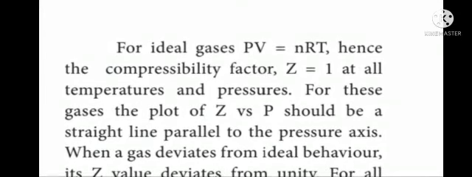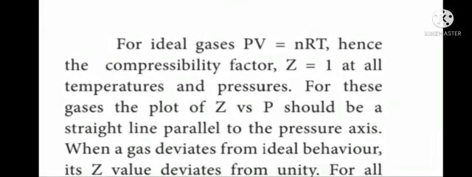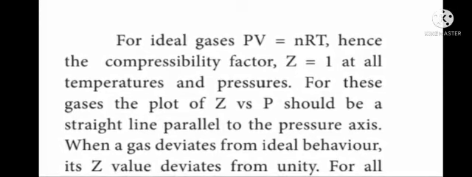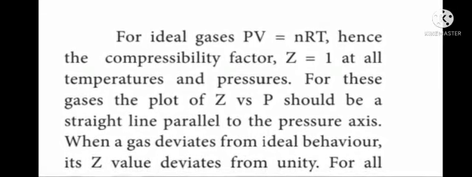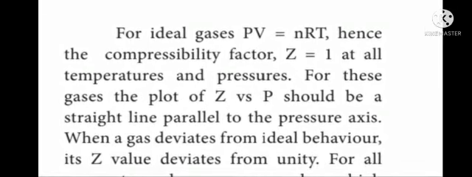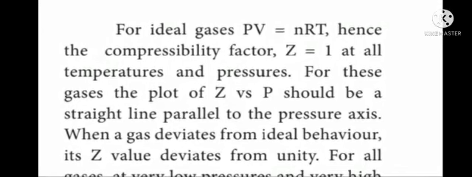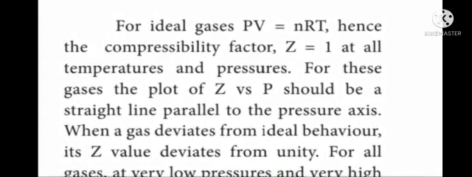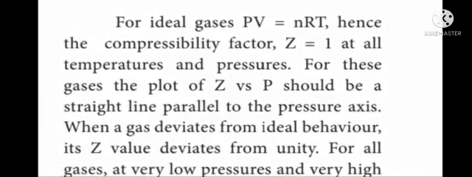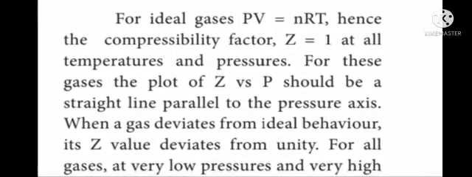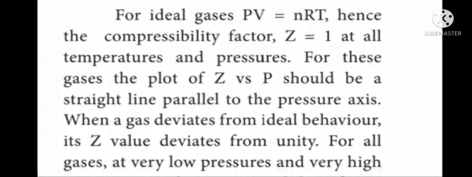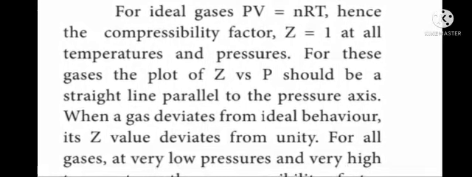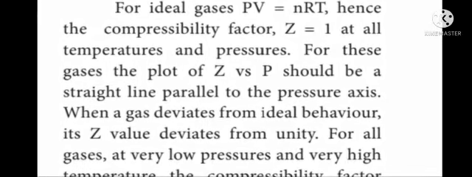Therefore, in the graph, the x-axis is pressure and the y-axis is the compressibility factor Z. Hence, for ideal gases, the plot of Z versus P is a straight line parallel to the x-axis or pressure axis, as shown in the graph.